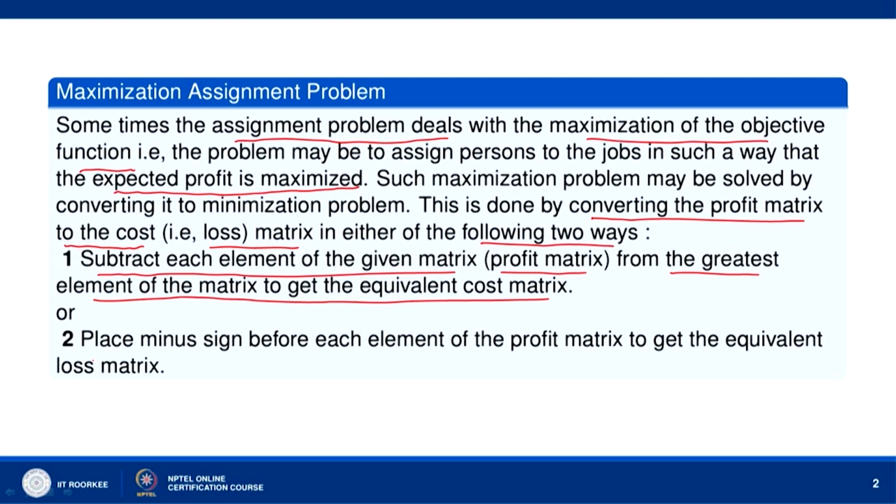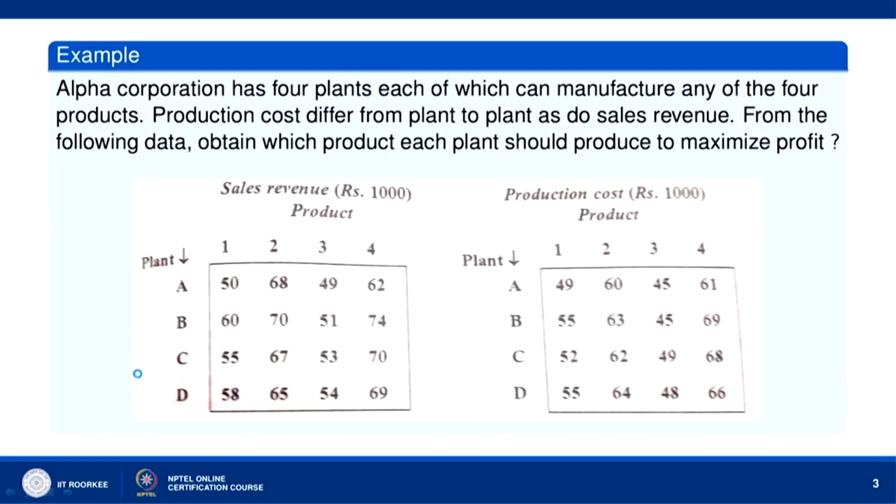The second way is to place a minus sign before each element of the profit matrix to get the equivalent loss matrix, and then we apply the usual Hungarian method to obtain the solution of the assignment problem.